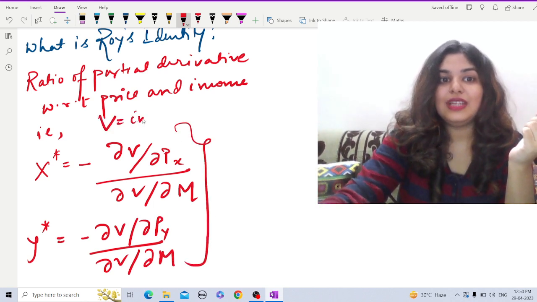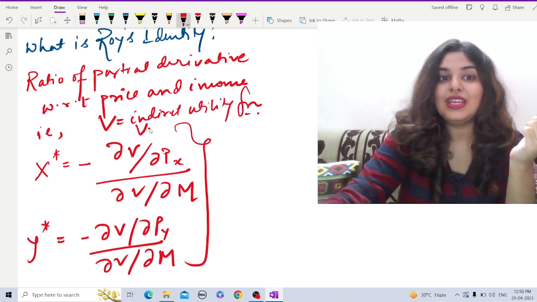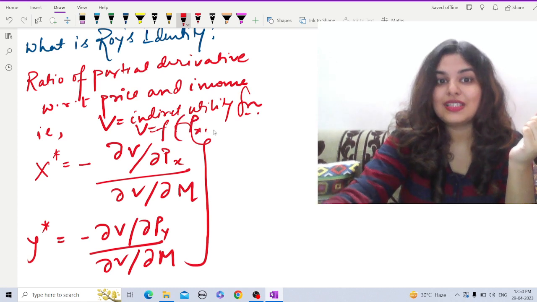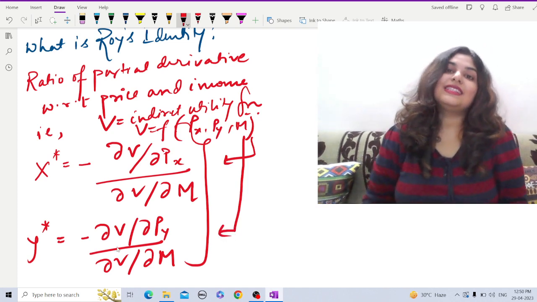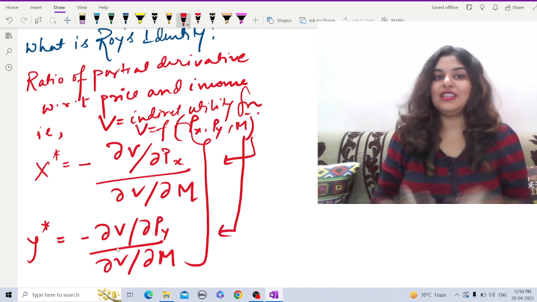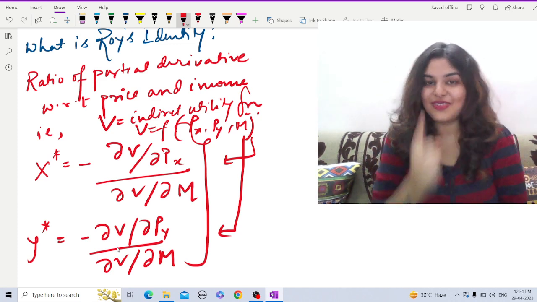where v is equal to the indirect utility function. That is, v is equal to a function of price and income. So from here, by taking the derivatives and taking the ratio of the partial derivatives, we can find out our ordinary demand function. So let's quickly have a look at one example.